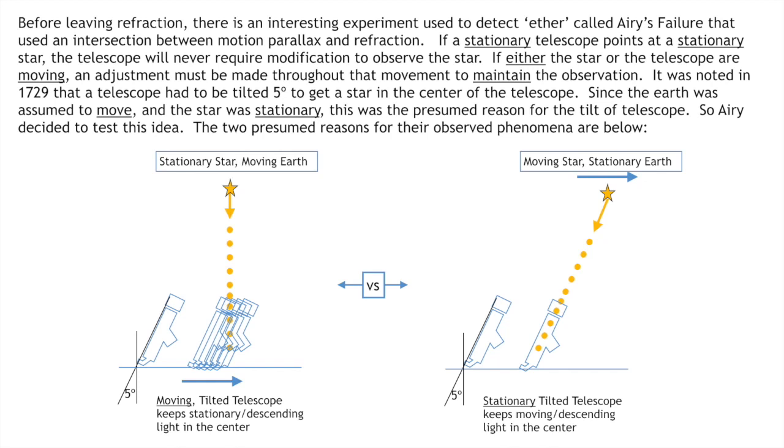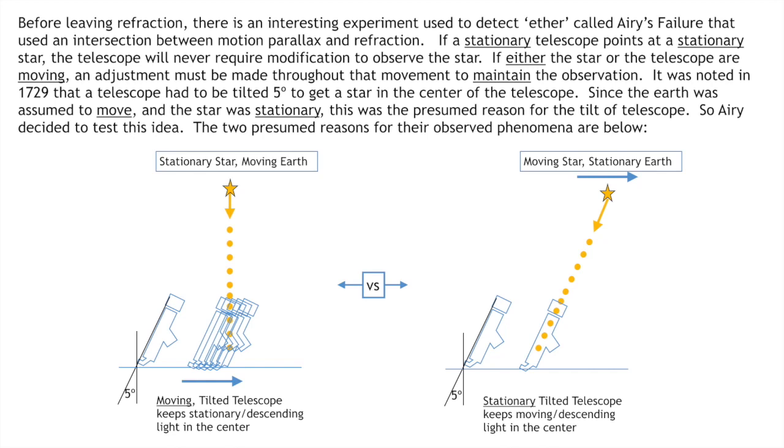Both are moving together. The light moves down in a straight line. You have tilted the telescope 5 degrees, and as you are moving, the light ray is essentially, as it goes lower, you are moving to the right, and so it keeps going lower, and you still observe the light ray hit the very bottom of your telescope as your telescope moves right.